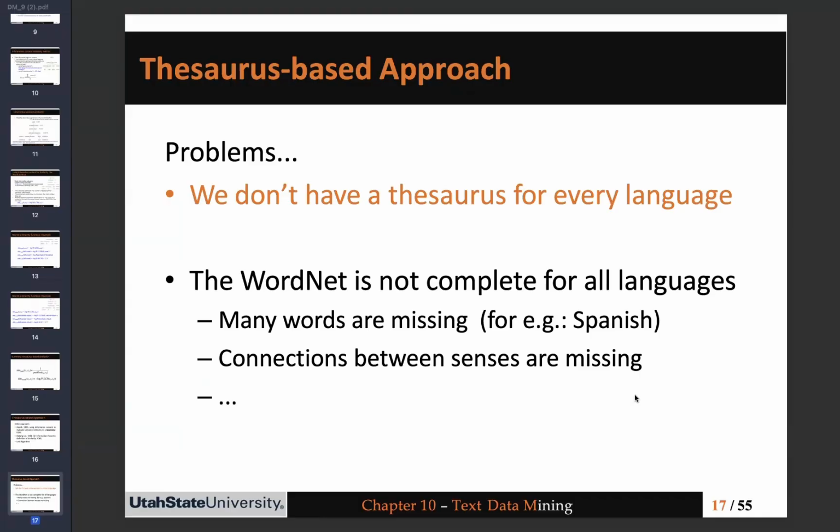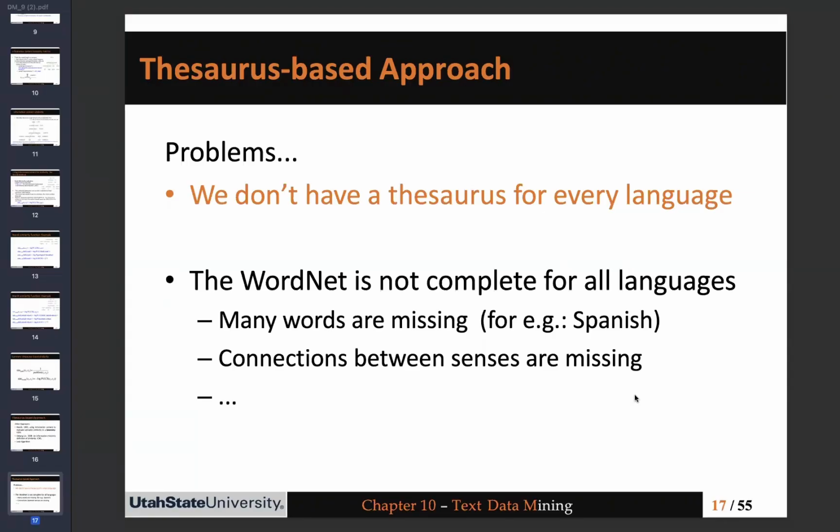The main limitation of those methods is that if the WordNet does not exist for a language, then of course we cannot use those similarity metrics on this language. And even in English or other languages where the WordNet approaches exist, it is highly unlikely to maintain that kind of data structure. So it requires a lot of human in the loop to update the WordNet.